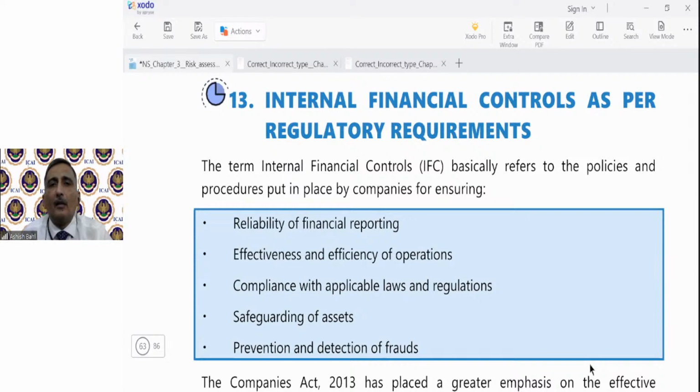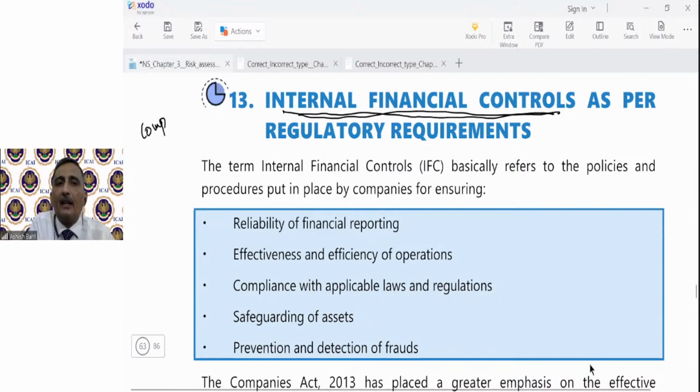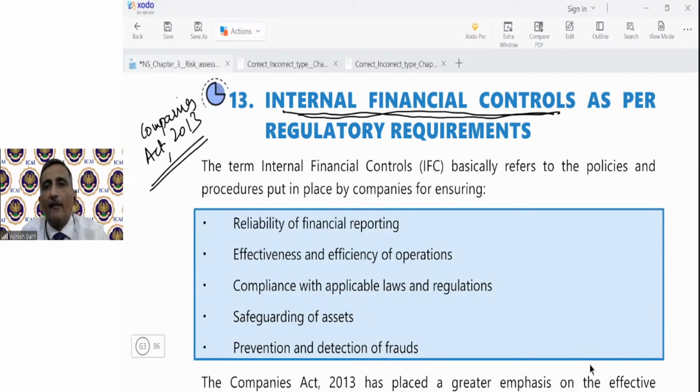So you can understand, students, why this topic, internal financial controls, because in Companies Act 2013, when you would be going through company law, when you would be studying about Companies Act 2013, you would know that this term, internal financial controls, has been used at many places in the Companies Act.